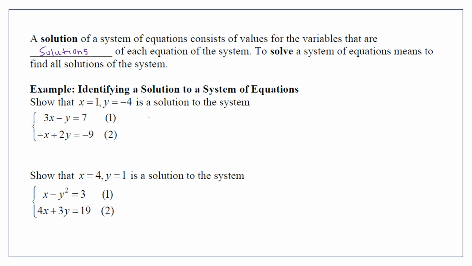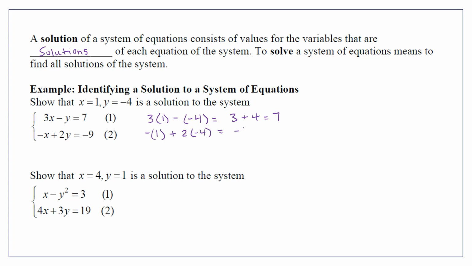Okay, so we will substitute in 1 for x, and -4 for y. And we want to know if this is true, so we will get 3 plus 4, which equals 7. So that's true. Then we'll take the next equation, substitute in 1, substitute in -4.